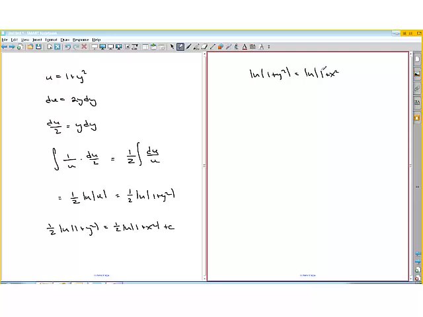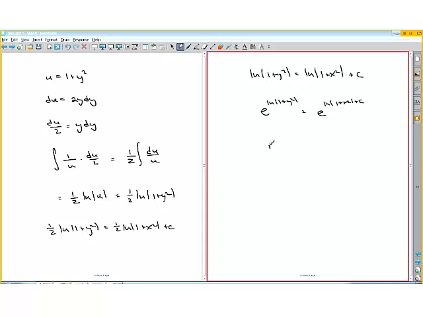So we're going to multiply by 2, but we're just going to say c is 2c. Okay, now we can raise e to each side: e to the natural log of the absolute value of 1 plus y squared is equal to e to the natural log of the absolute value of 1 plus x squared plus c.